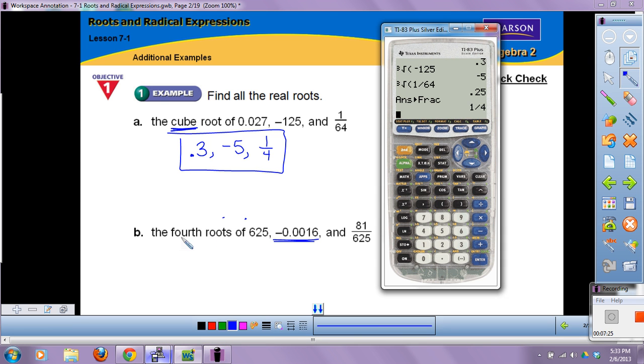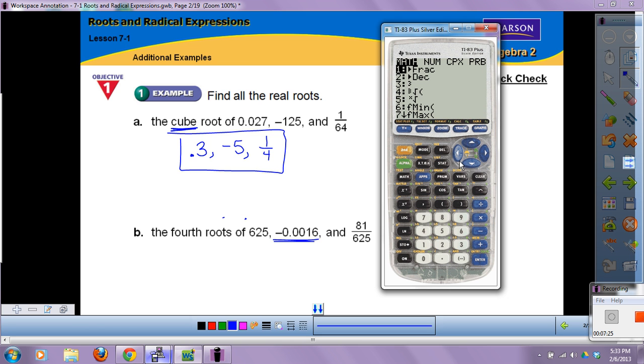Your calculator will also do fourth roots. So you just go to Math. Actually, before you even do that, I'll show it to you here, but you have to start with the 4. So that little x right there means that you can put any number there, 4th root, 5th root, 6th root, 8th root, 10th root, 9th root, whatever you want. But you've got to start with the number. So since I'm doing the 4th root, start with your 4, then go to Math, and then go to number 5.